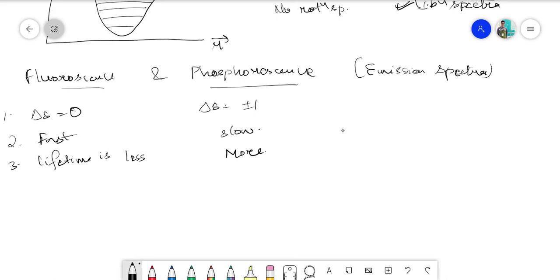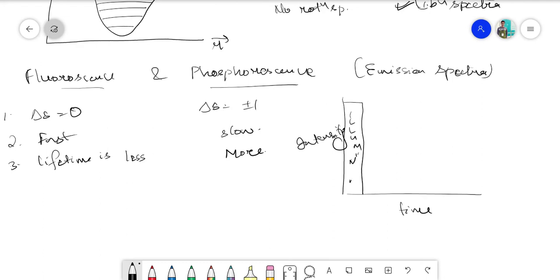In terms of a graph, let's say this is intensity and this is your time scale, and there is some illumination. After we switch off the illumination, phosphorescence decays slowly, but fluorescence decays rapidly. That's why those compounds that are fluorescent are more useful than those that are phosphorescent.